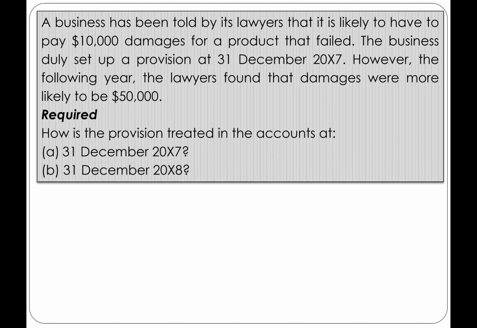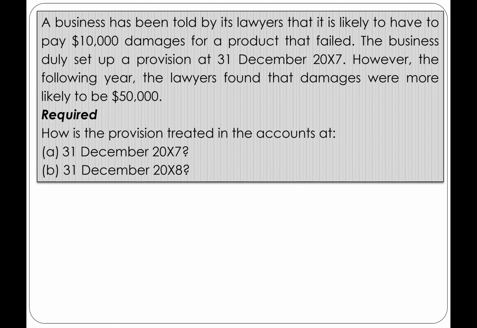Then at 31 December 2018, we now have further information from our lawyers, who are telling us that the damages are more likely going to be 50,000. We have already put 10,000 in the provision account. We need to top it up from 10,000 to 50,000, which means an additional 40,000.